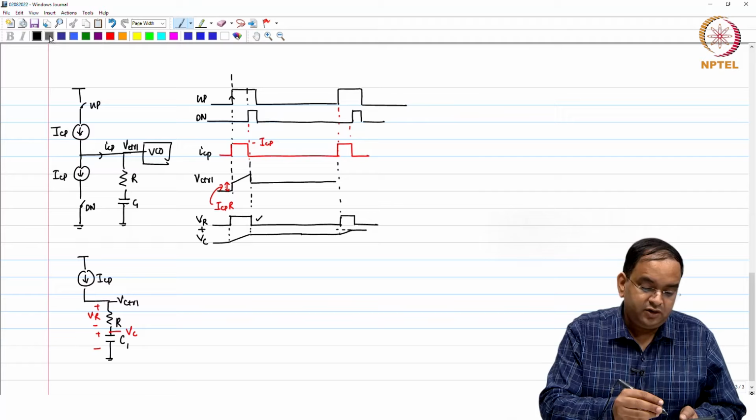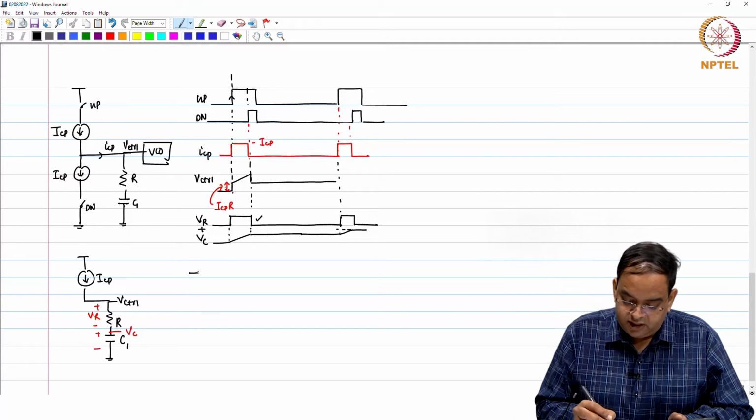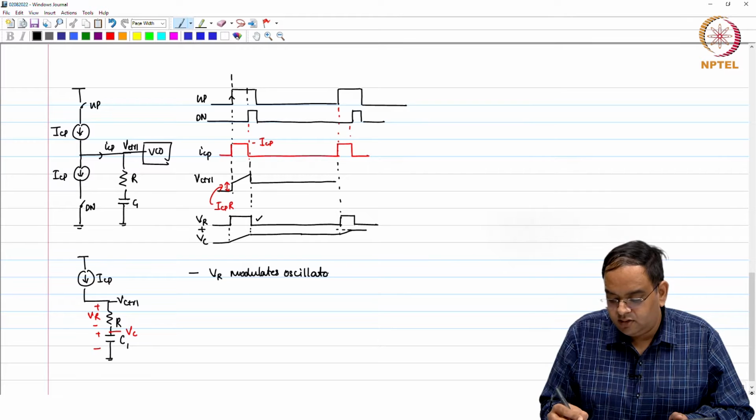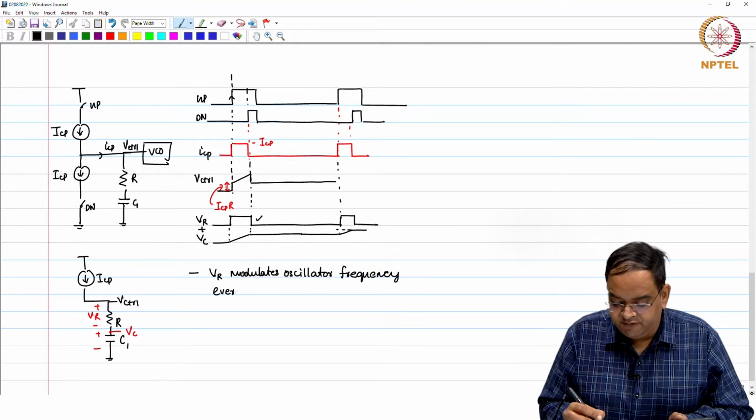Okay. So, I will say VR modulates the oscillator frequency every reference period, every reference clock period.